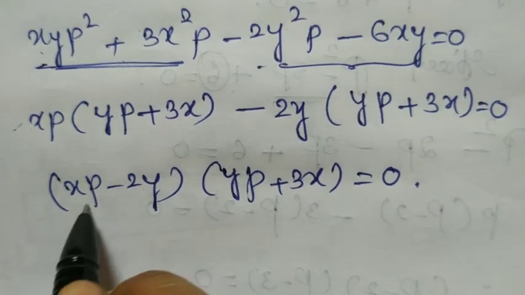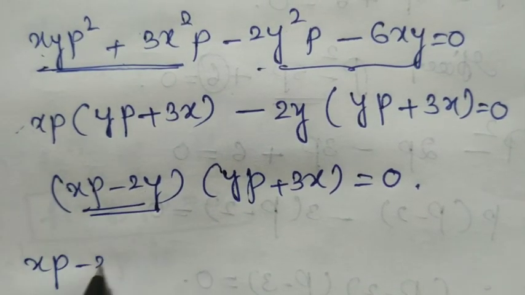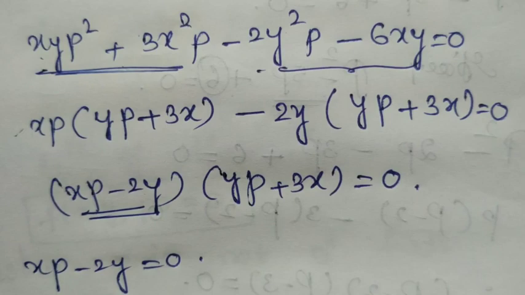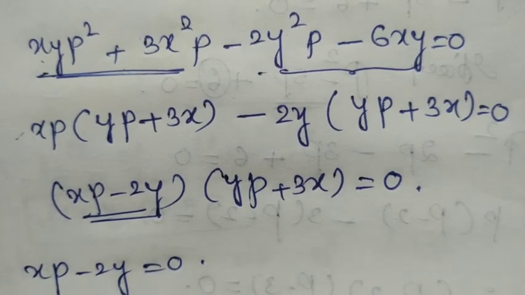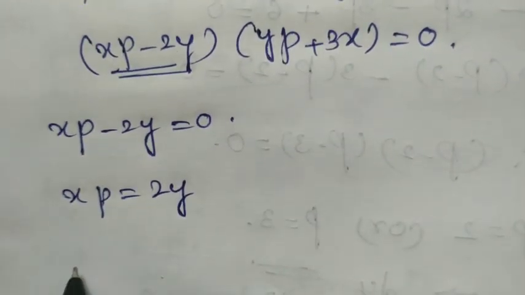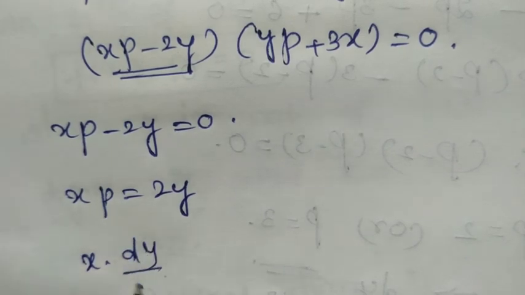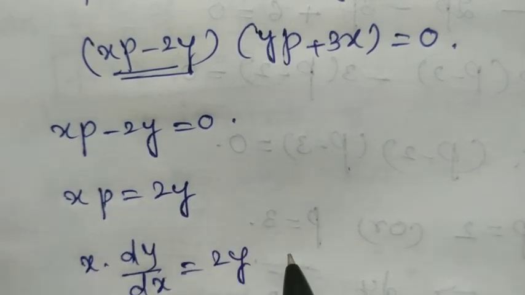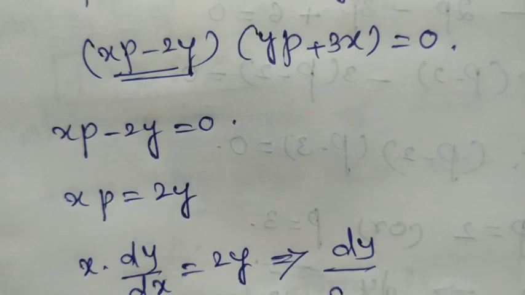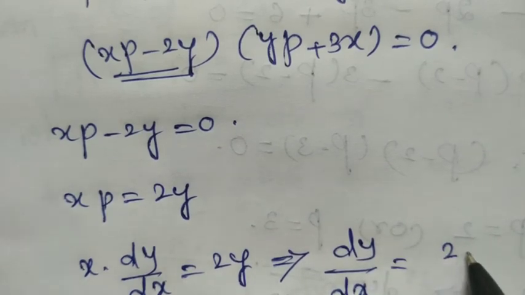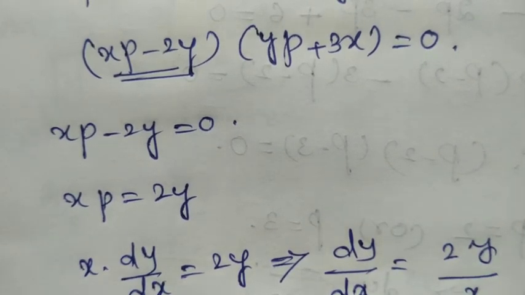By taking the first term, xp minus 2y equal to 0, then xp equal to 2y, that is x into dy by dx equal to 2y, so dy by dx equal to 2 into y by x.